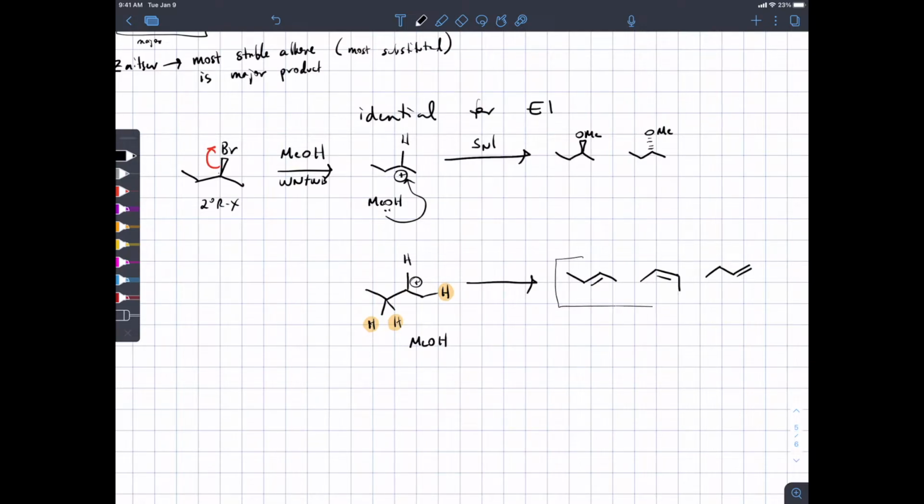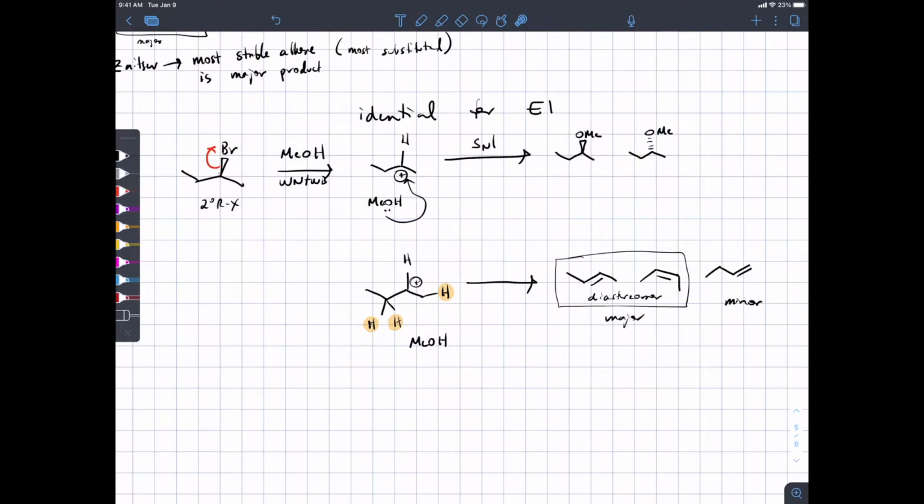And we can probably say that these diastereomers are the major product, and this regioisomer is the minor product. And then within those diastereomers, if push comes to shove, we would say the trans dominates over the cis. So exactly the same issues for E1 as E2 in terms of regioisomers.